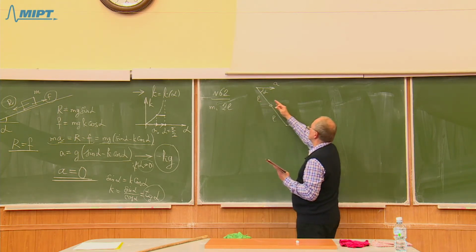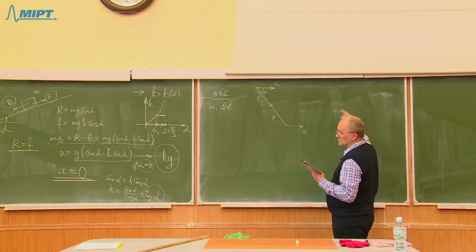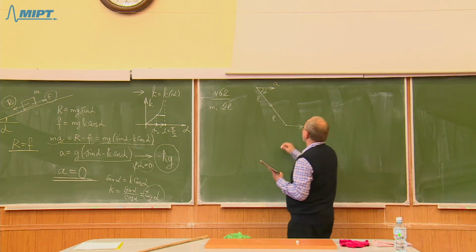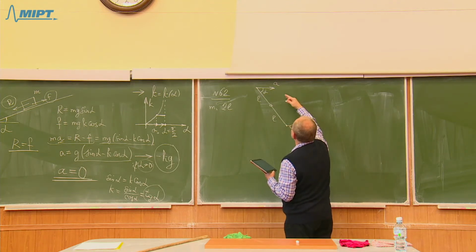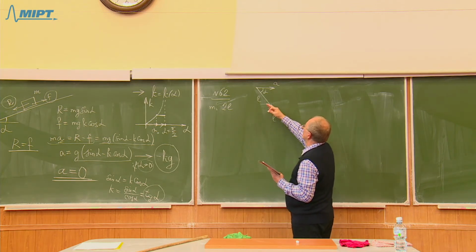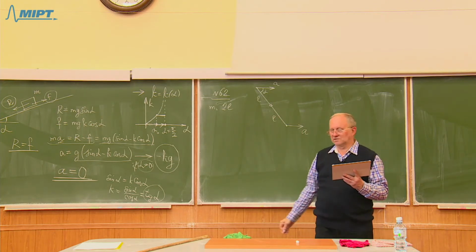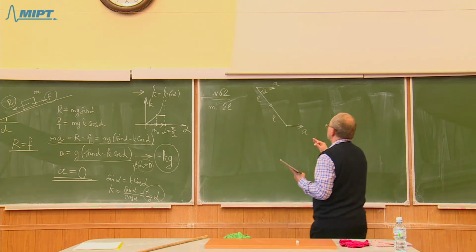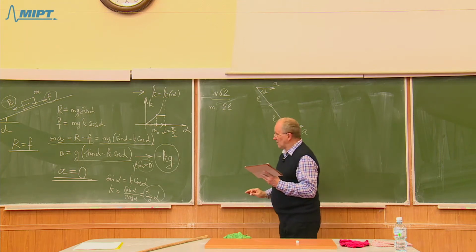The rod as a whole accelerates translationally. That is a translational motion. It means that in the process of motion, the rod remains parallel to itself, parallel to its former positions. That is, the angle of the rod orientation does not change. The rod is directed always at the same angle.